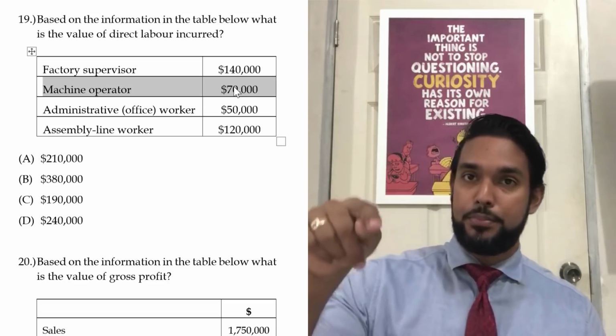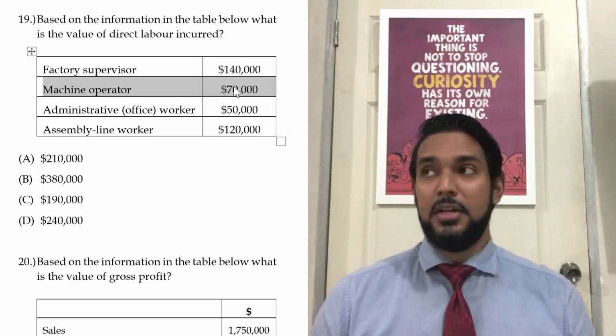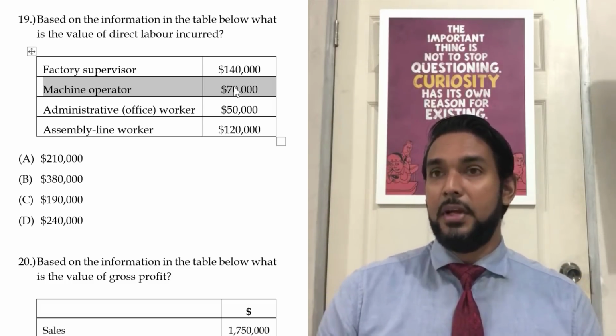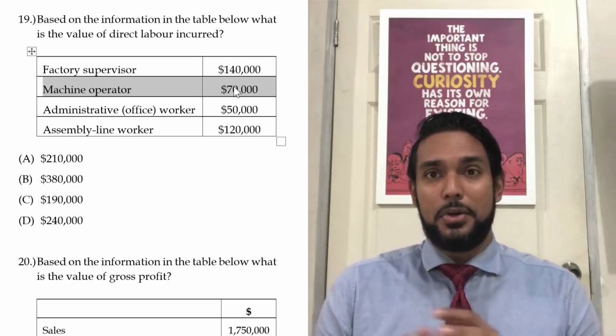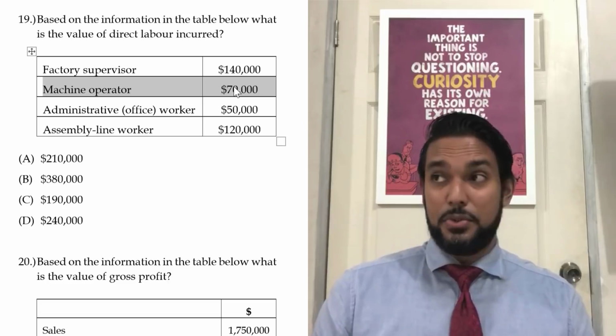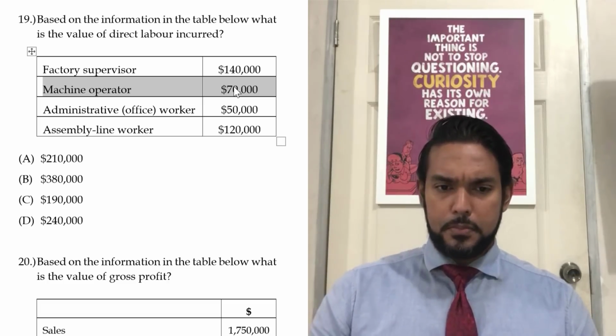Now, it's not just to say you press a button and the machine turns on, although that is what happens in some cases. But it could be somebody working a piece of machinery, like a tool, maybe an angle grinder or a saw or whatever the case is. So they are operating that machine and making products.